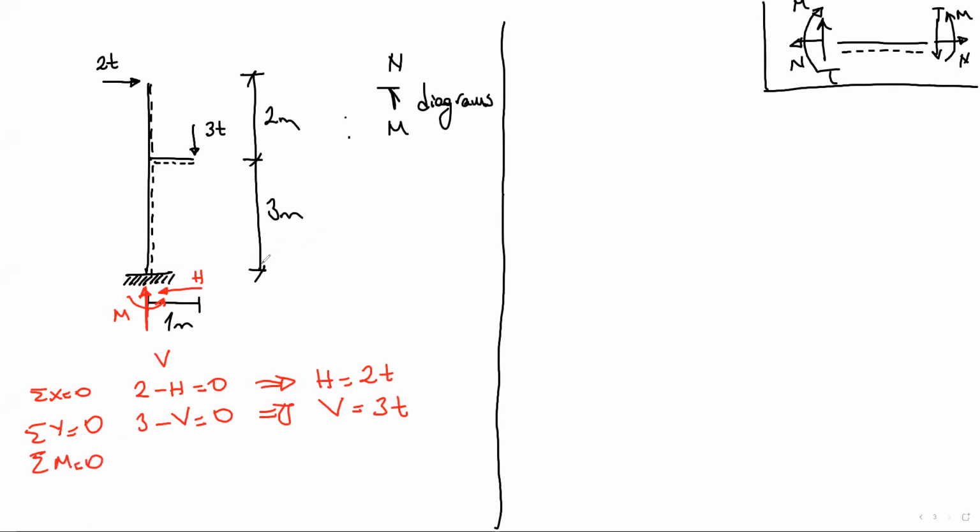Total moment: I can calculate 2 times the bar load, 3 times 1 distance, minus 10 equals 0. The moment here is 10 plus 3, 13.